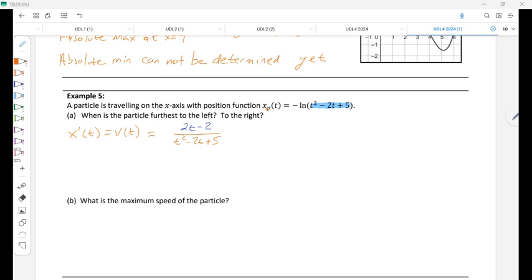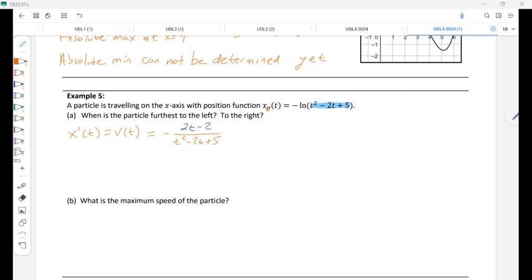The whole function was negative, so the whole derivative needs a negative. Keep in mind that the ln derivative, 1 over x, represents 1 over whatever the argument of ln is. So if you have a chain rule problem, that argument goes in the denominator.